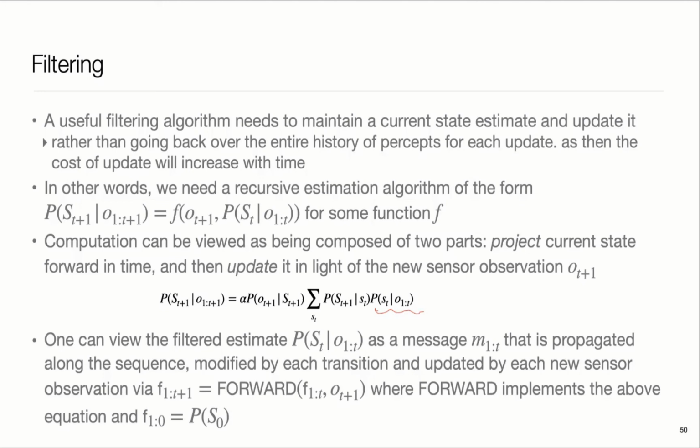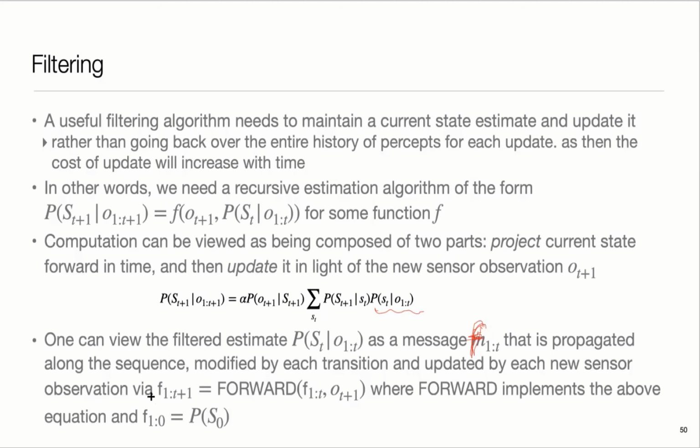So maybe this should be called f. It's a message which we are computing at time t, and then we are sending it to time t plus 1, and then again at time t plus 1 we compute another message.